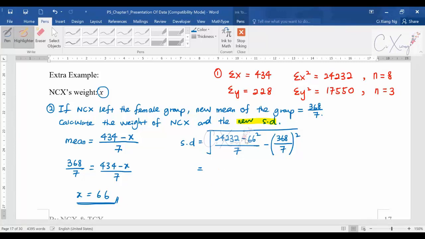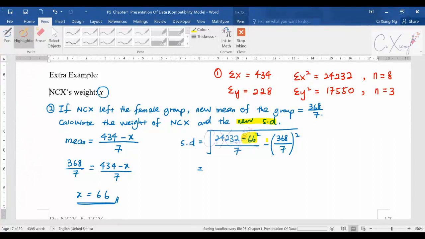Alright, this is something extra that you need to do. When you want to kick a person out from the group, or maybe when the person left the group, right? So you have to minus the square of the data also before when you want to calculate the new mean or standard deviation.